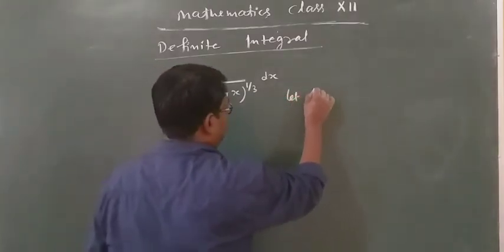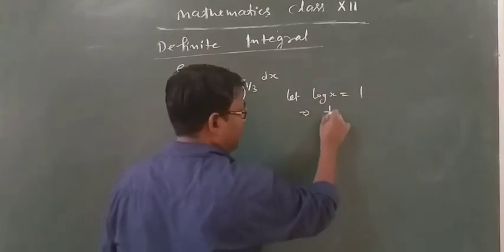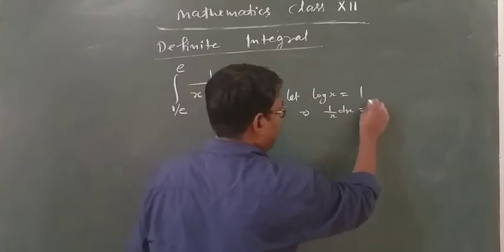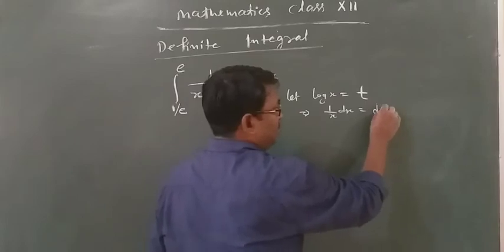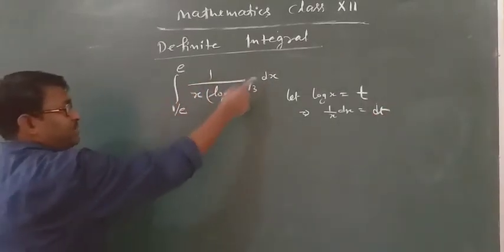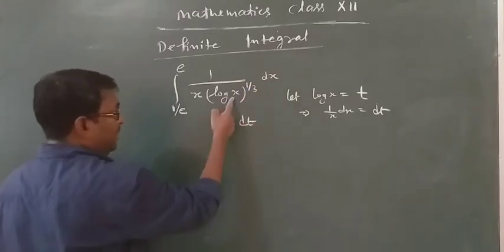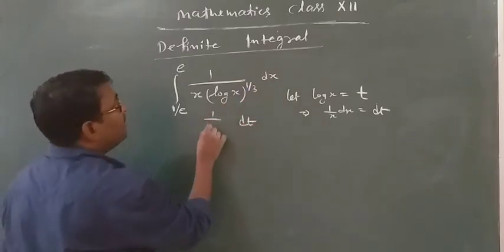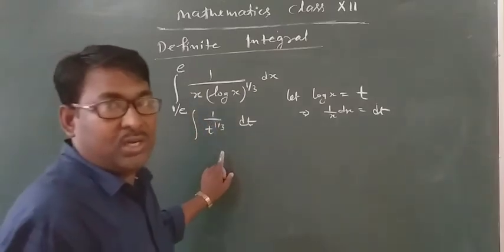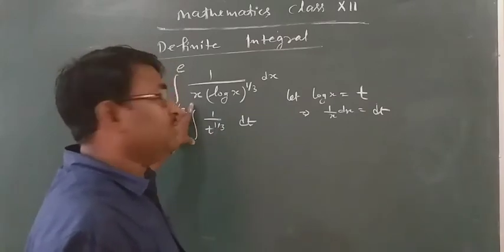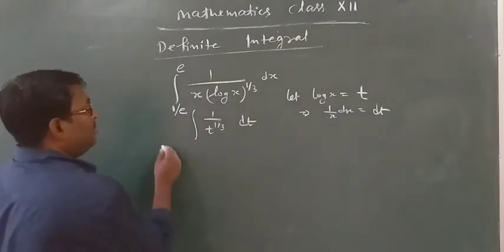So let log of x be equal to t. Differentiating, 1 by x dx will be equal to dt. So at the place of 1 by x into dx, you have to put dt, and log x you have taken as t, so 1 upon t power 1 by 3. But remember, I have told you earlier that don't put the limit now, since you have changed the variable.